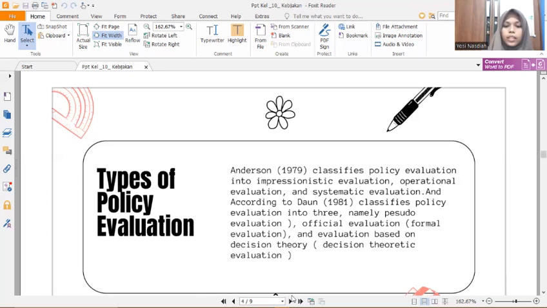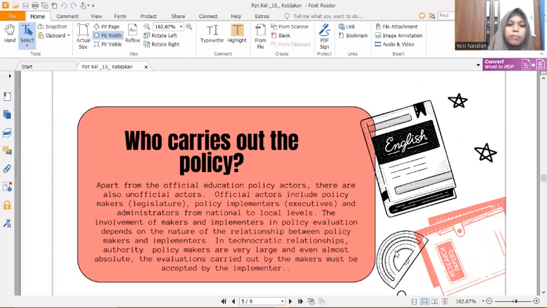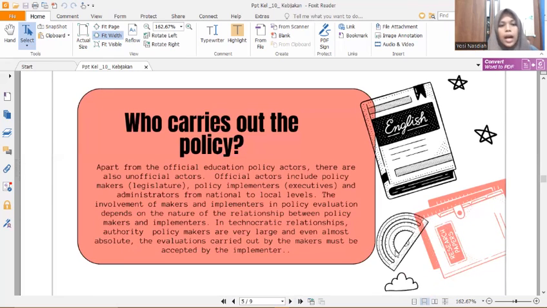The next point is who carries out the policy evaluation. Apart from the official education policy actors, there are also unofficial actors. Official actors include policy makers, legislature, policy implementers, executive, and administrators from national to local levels.